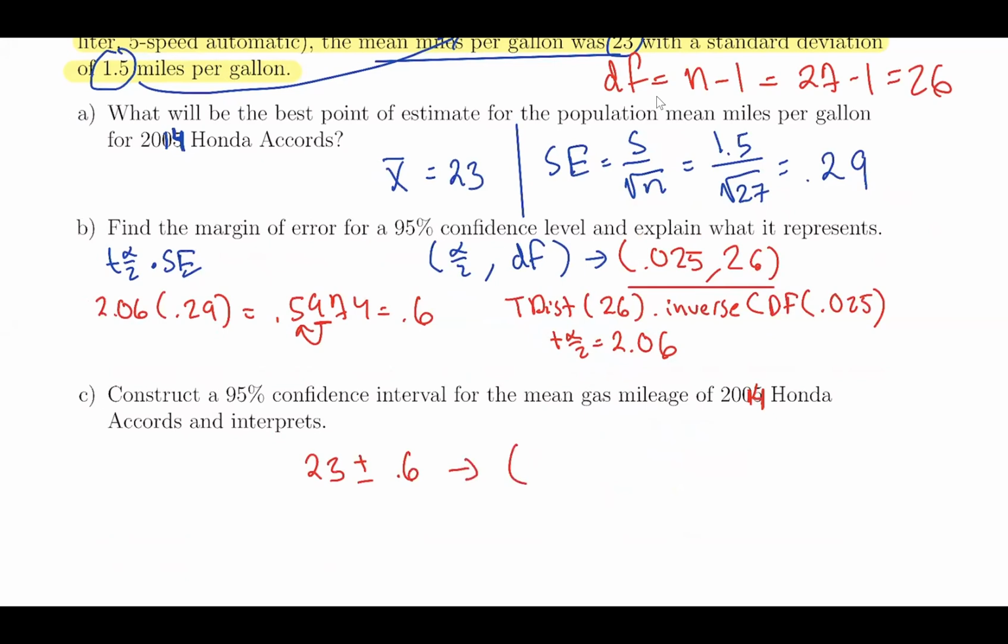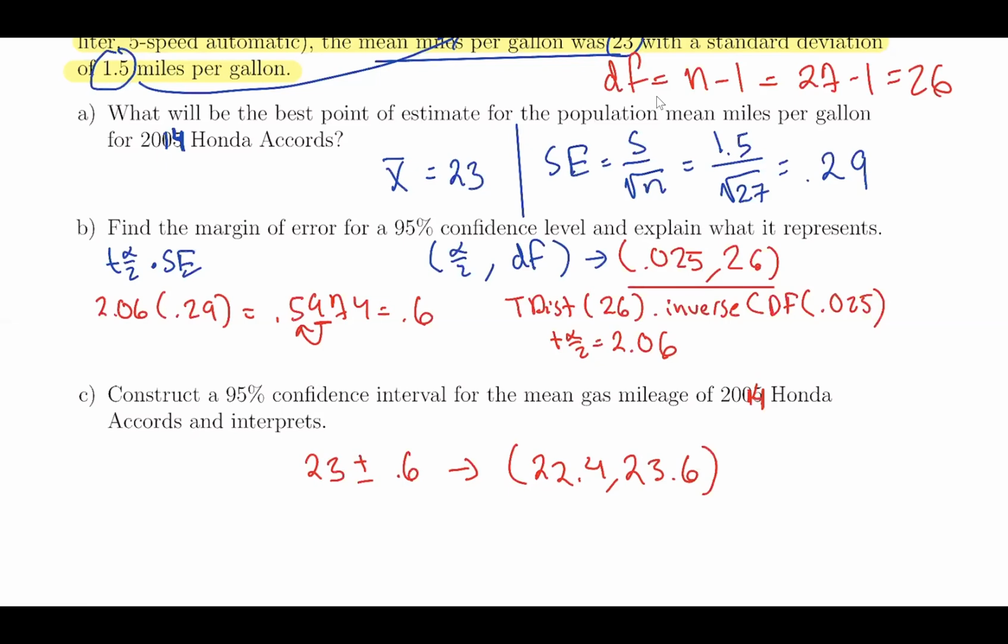If you do that math, you get 24.4 and, oops, I did my math wrong, 22.4 and 23.6. So that's my confidence interval for this one, and we're all done with the confidence interval. Any question in regard to the confidence interval?